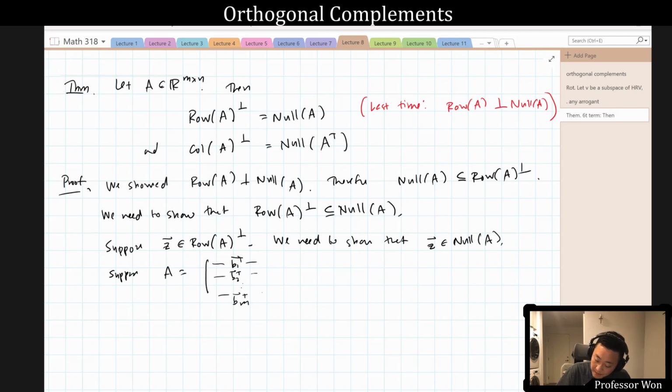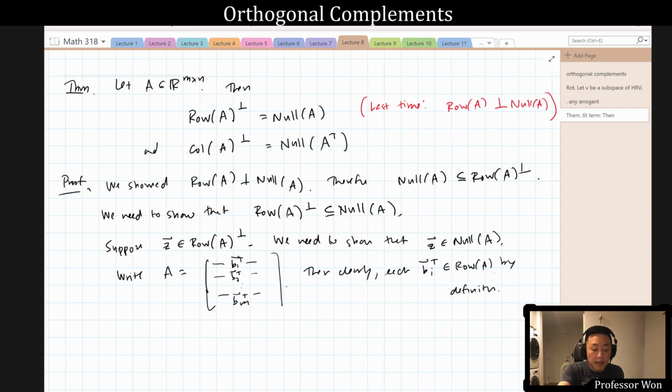Let's just write A in terms of its rows. Then clearly each Bi transpose is in the row space of A by definition. The row space is defined to be the span of the rows, so certainly each row is going to be in the span of the rows.